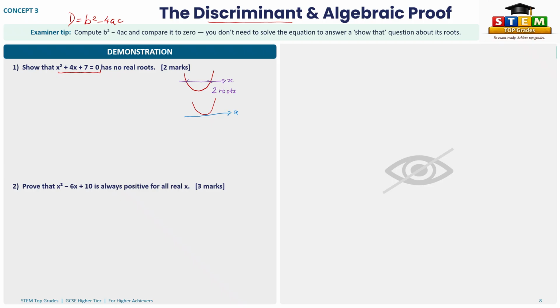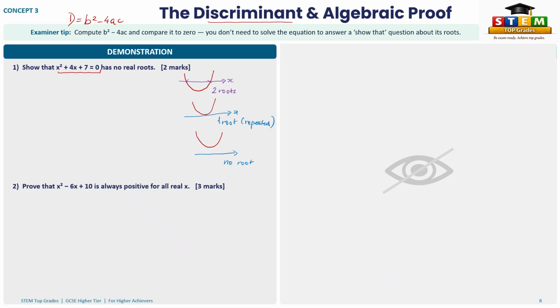In that case we get one root, or we can say it's repeated. Or sometimes you may have the curve not even touching the x-axis, and I'm sure by now you will have guessed it, you have no root at all. No root means there's no crossing point for the curve on the x-axis.